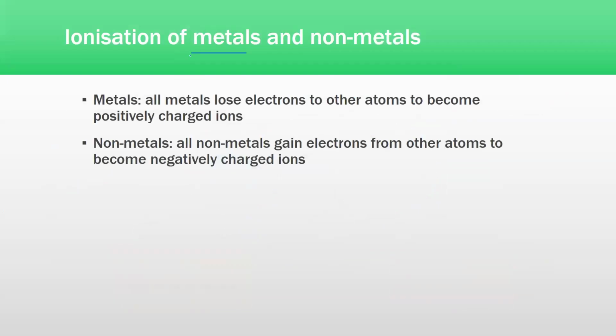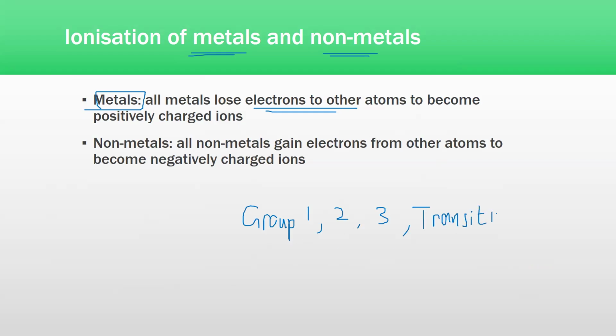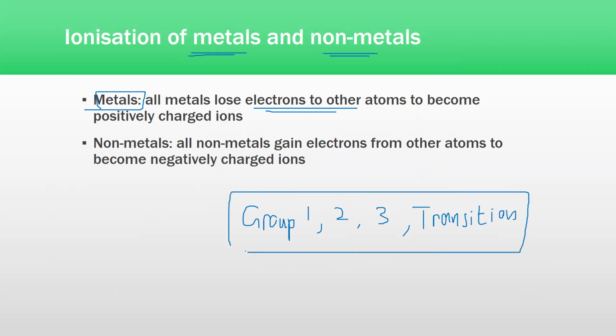So how does this ionization of metals and non-metals take place? Remember, all metals lose electrons to other atoms. For example, you have group 1 metals, group 2 metals, group 3 metals, okay? Then the transition metals. Remember, all these group 1, 2, 3 metals, they are all going to lose electrons, which means they are all going to form positive ions.